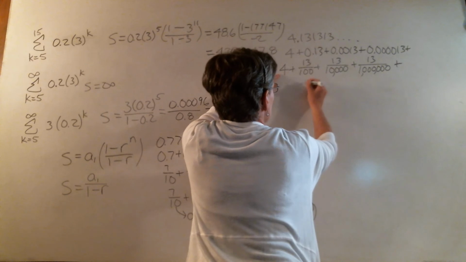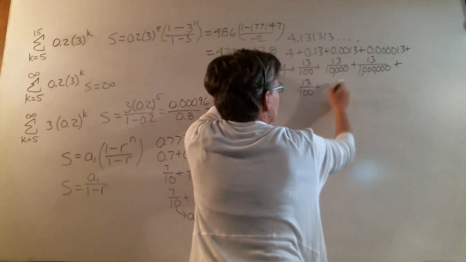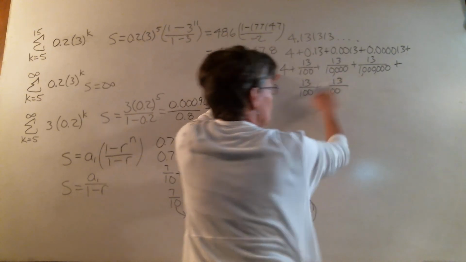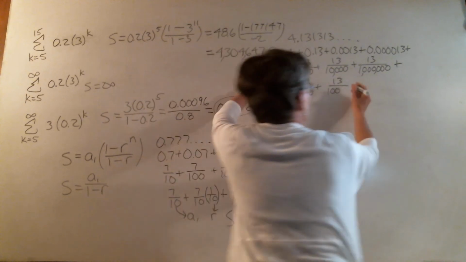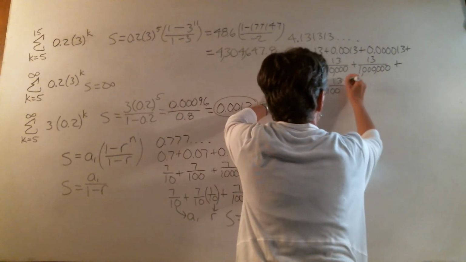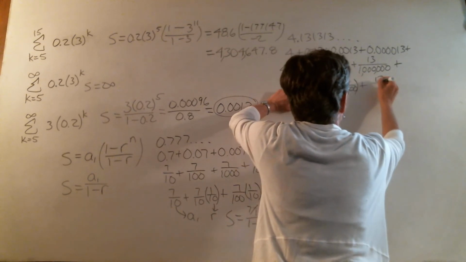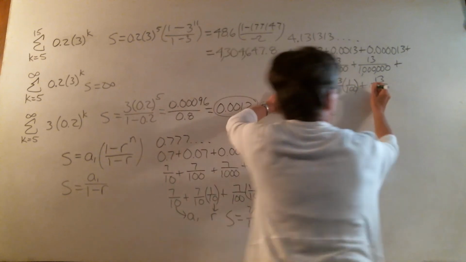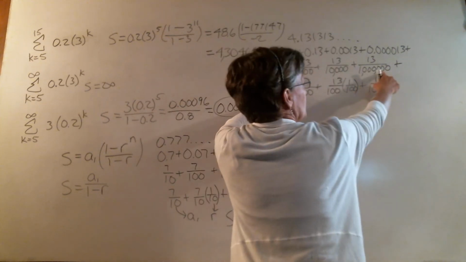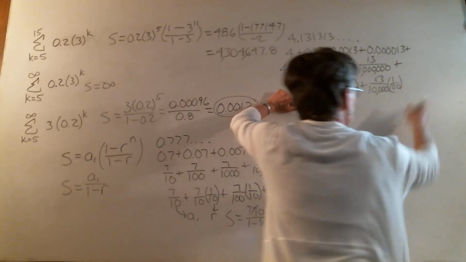And so my first term is 13 over 100. The next term I'm going to write as 13 over 100 times something. What do I have to multiply 100 by to get 10,000? Well, I have to multiply by another 100. And then the next term I can write as 13 over 10,000, but I have to multiply by 2 more zeros, 1 over 100. And each time it's going to be that way.